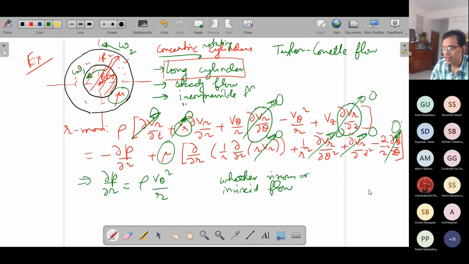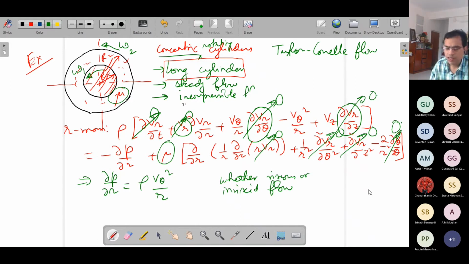So this shows that an inviscid flow need not necessarily mean a flow with viscosity identically equal to 0. It may have nothing to do with viscosity being 0 or not.